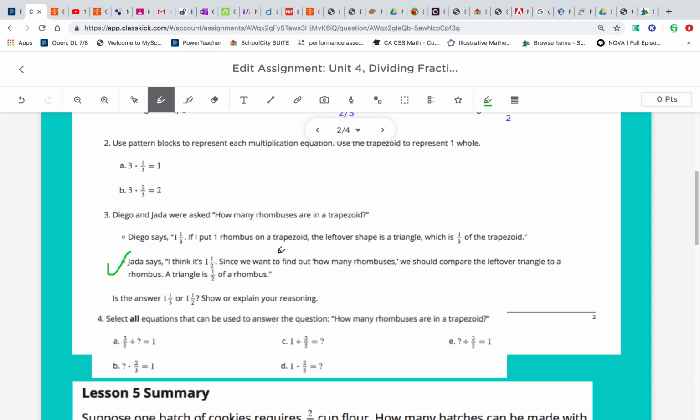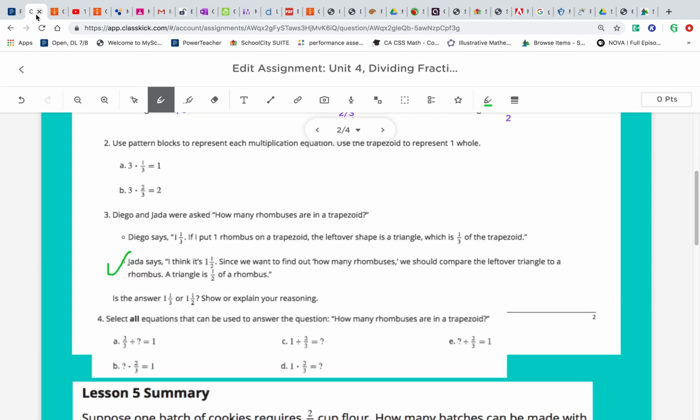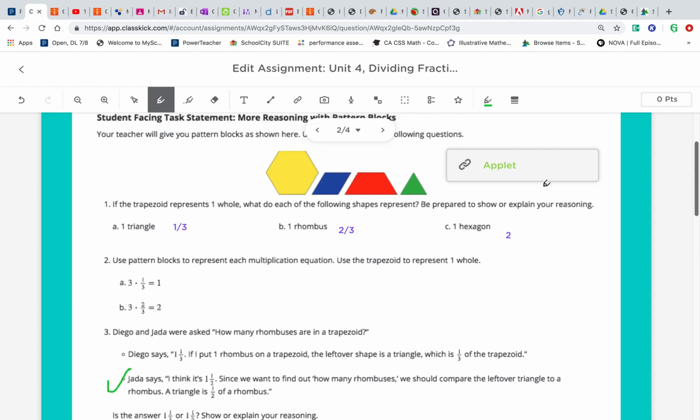Okay, so select all equations that can be used to answer the question, how many rhombuses are in a trapezoid? Well, okay, so if we look at it here, what we know is that we are taking the trapezoid, here's a trapezoid, I'll move one out here, and if we want to know how many rhombuses go into the trapezoid, well, we know that the rhombus is 2/3 of a trapezoid, right?